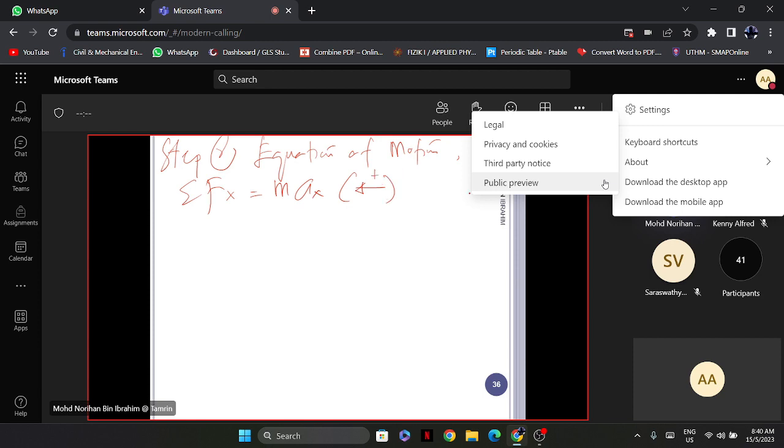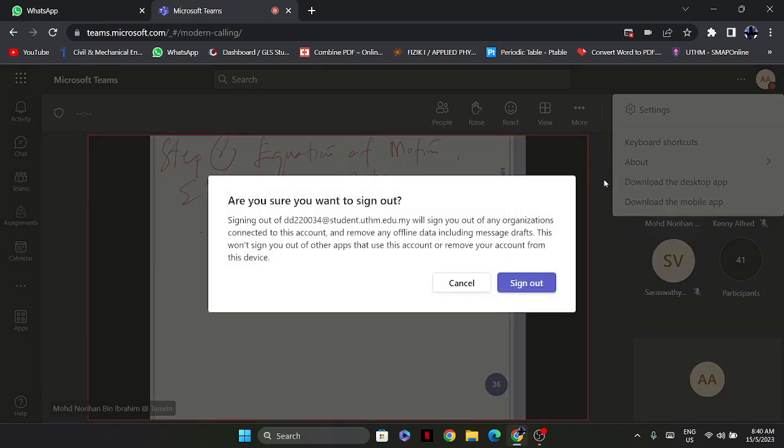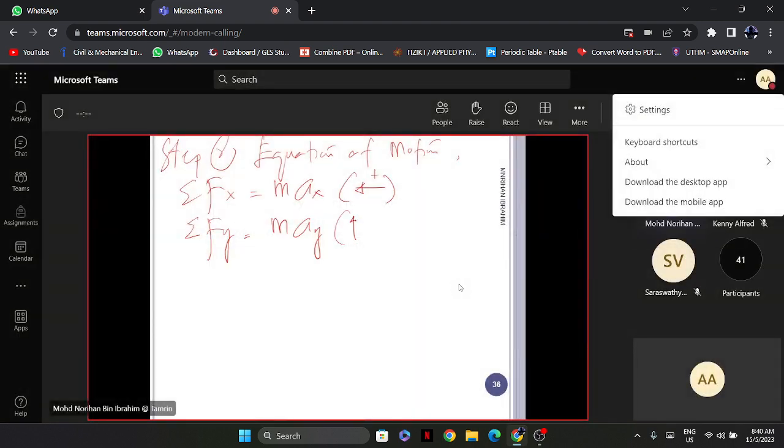It's our reference actually. And we have another one, sum of Fy is equal to m ay. So we are applying Newton's law of motion, the basic equation for Newton's law of motions. That's equation 1 and also equation 2.